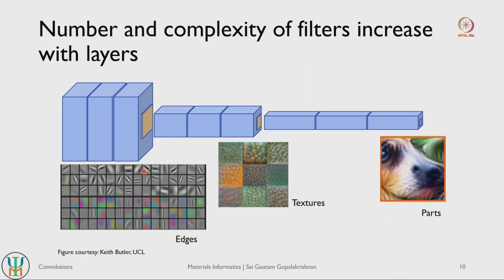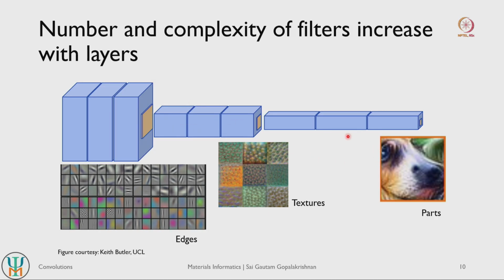The number and complexity of filters also increases with the number of layers. So if you take a simple image of a dog, for example, in the first few convolutional layers maybe you are recognizing simple features like lines, curves, and different colors. In the second layer, the filters become more complicated, and you are understanding textures.